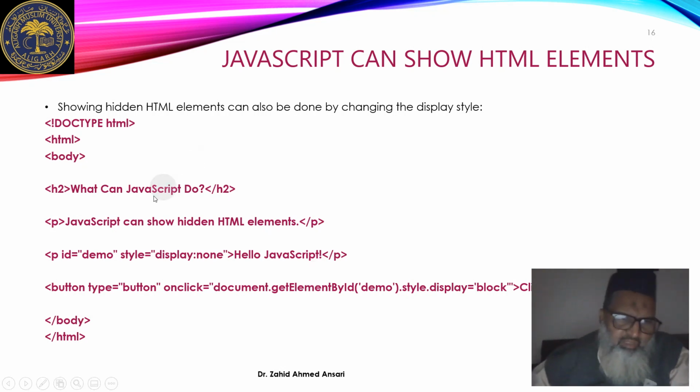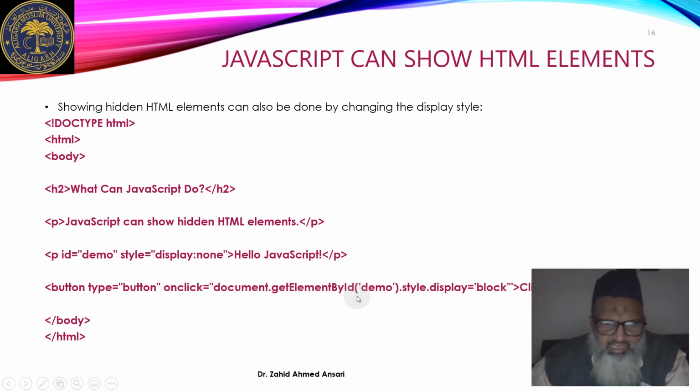We have a paragraph on which we have written hello JavaScript, but this will not be shown because the style we have set to display none. Got it? So we have a button. On clicking the button, we are changing the style of this particular element.